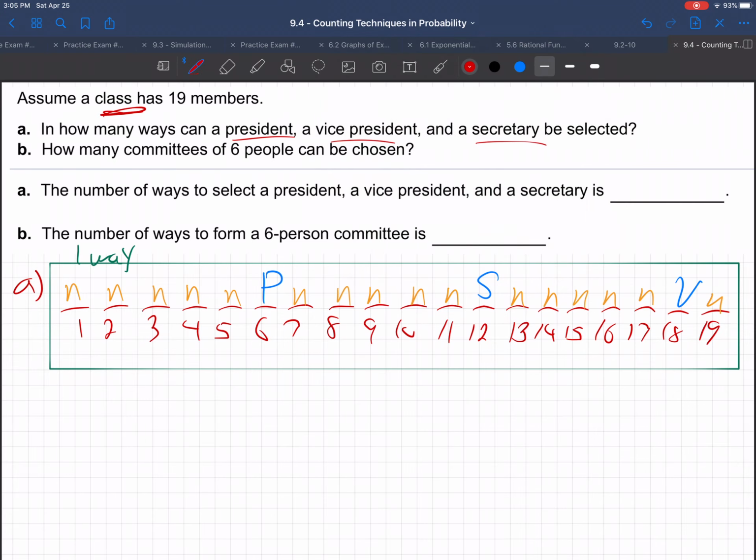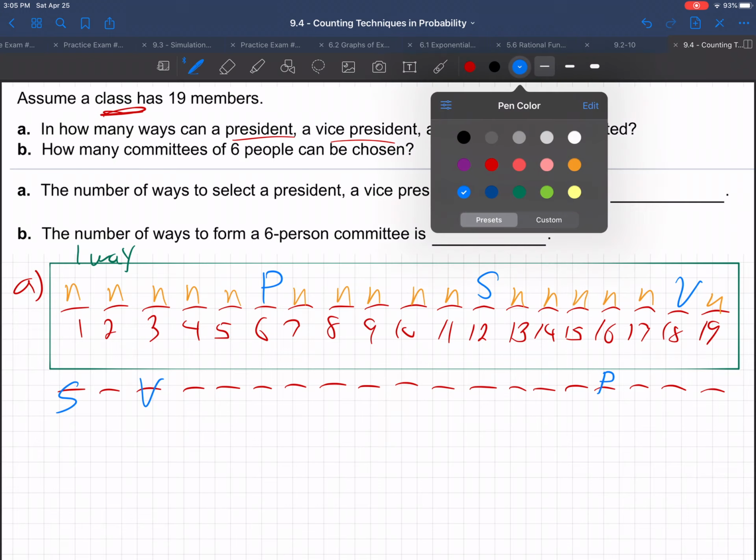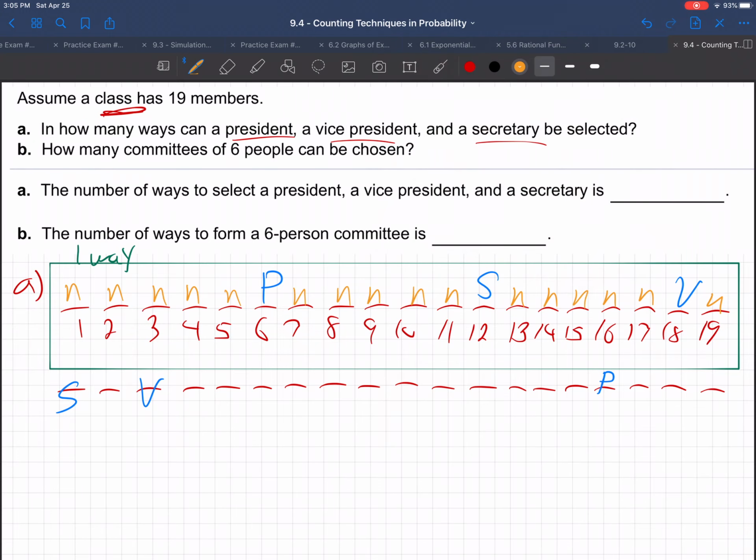Let's do it one other way and then move on. Another way I could do it is I could say, okay, I'm going to pick the president to be this person, vice president here, secretary there, and then everybody else is not an officer.